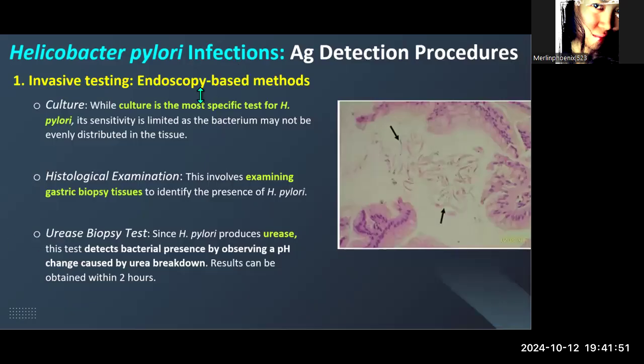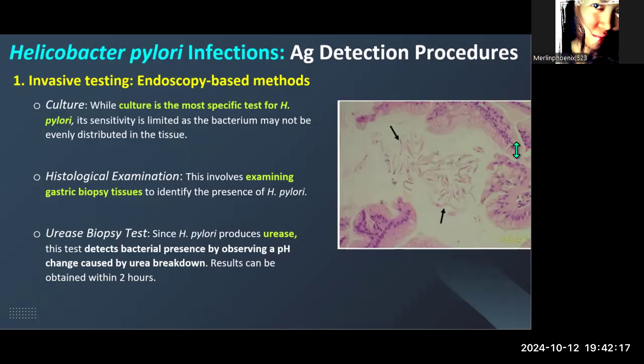So for H. pylori, we have invasive testing methods and we also have non-invasive methods. Under invasive testing, we have endoscopy-based methods. So culture. Though highly specific, culture sensitivity is limited as H. pylori may not be evenly distributed in tissue samples.